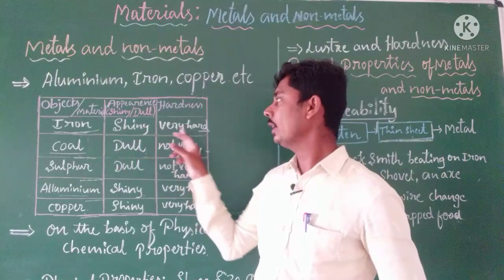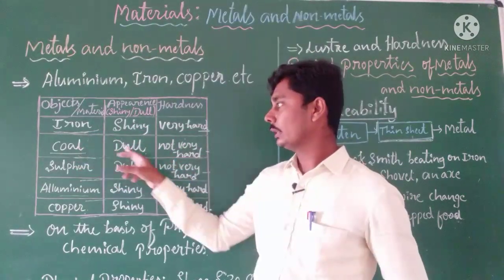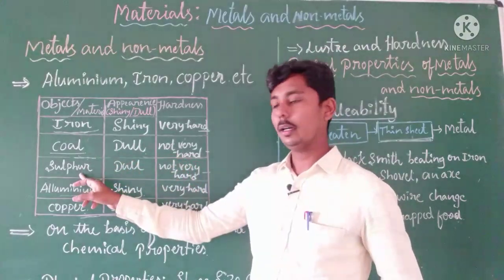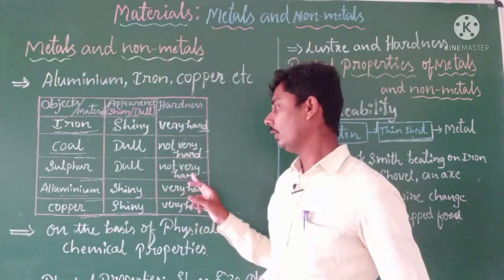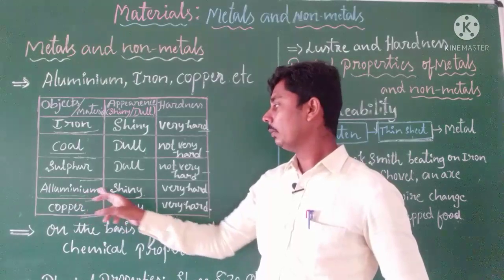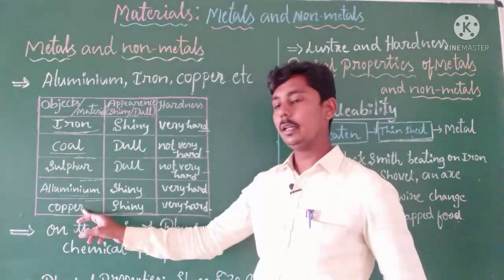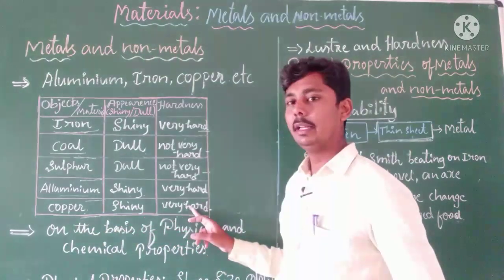Coal is dull and is not very hard. Sulfur is dull and is not very hard. Aluminum shows shine and is very hard. Copper shows shine and is very hard.